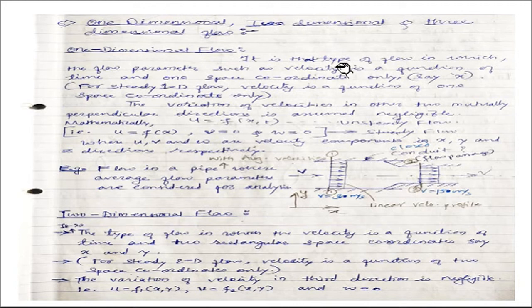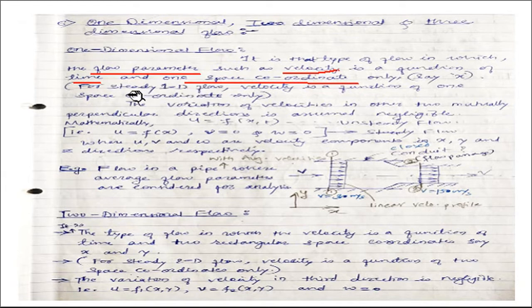It is the type of flow in which the flow parameter, like the velocity of a flow, is a function of time and any one space coordinate, say x coordinate. Such a flow is called unsteady 1D flow. Velocity is a function of time and any one space coordinate, let us say x coordinate.